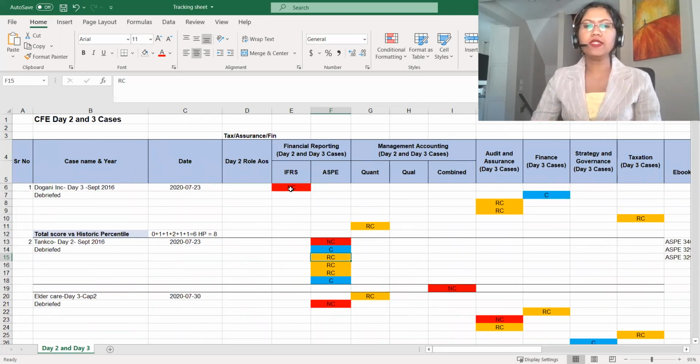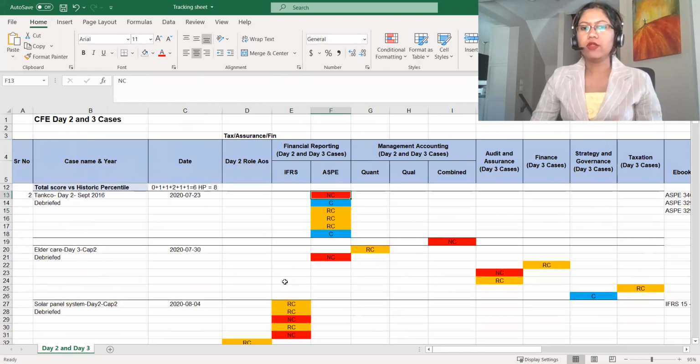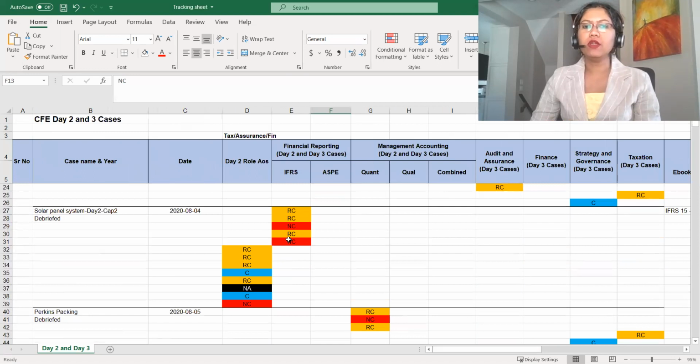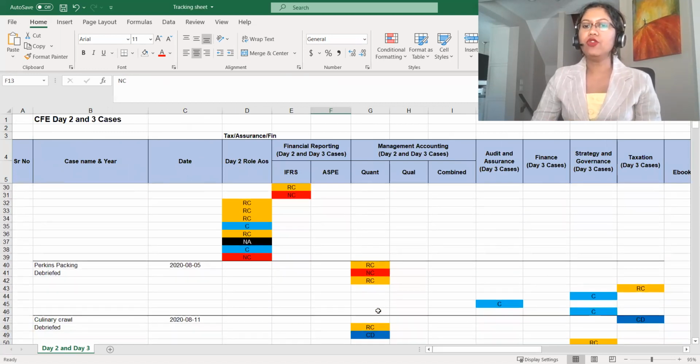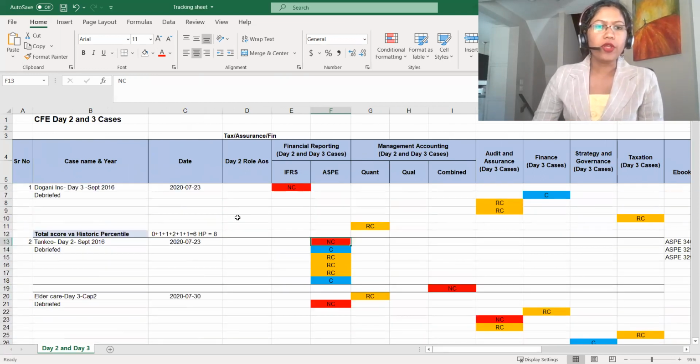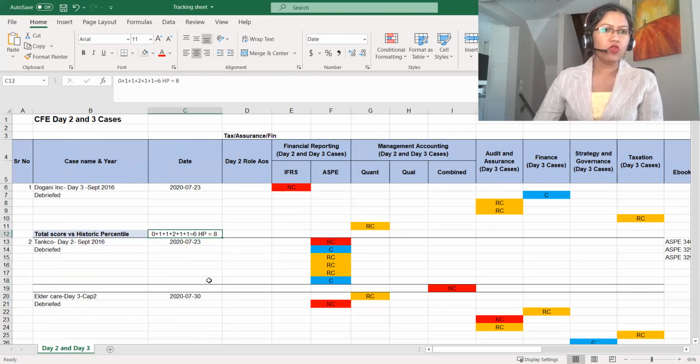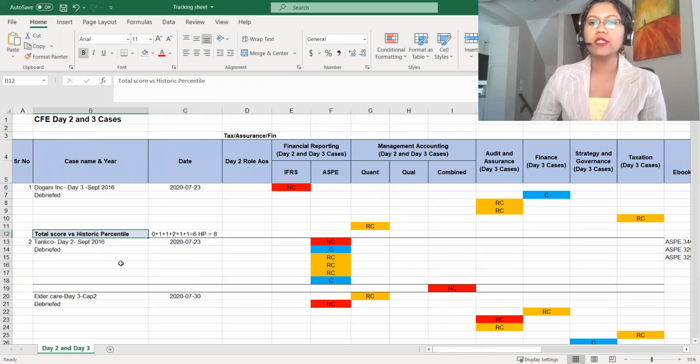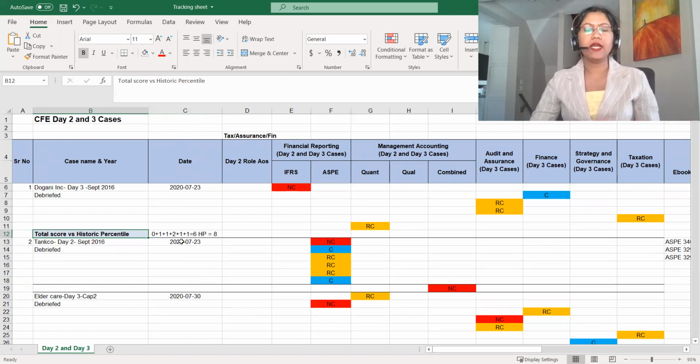Initially you will see there are more NCs, so not reaching competent. Gradually this should be lesser, and it should be moving towards more RCs, Cs, CDs, and things like that. Now there is one more point I wanted to let you know: I have added one more thing here, total score versus historic percentile.